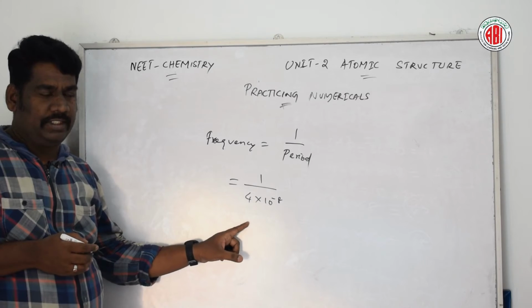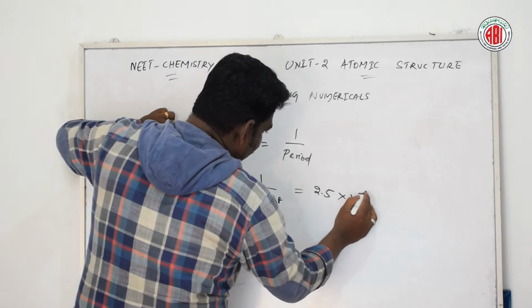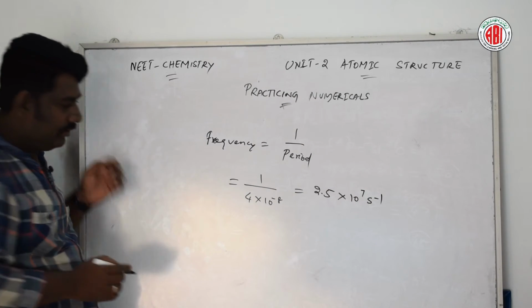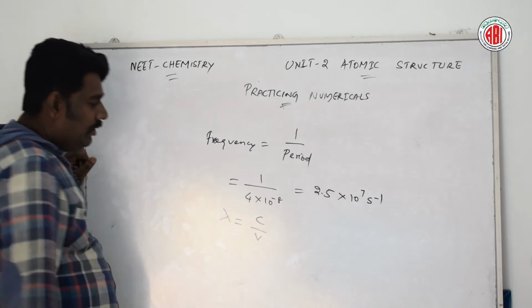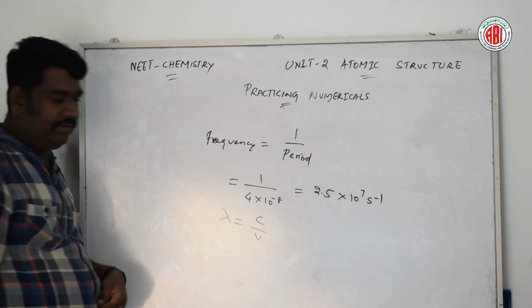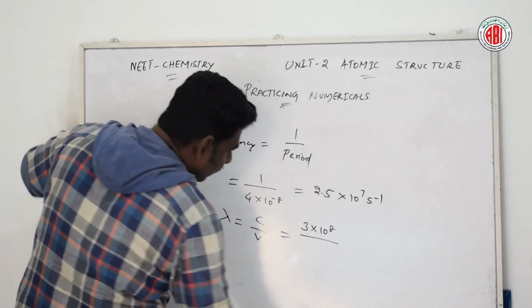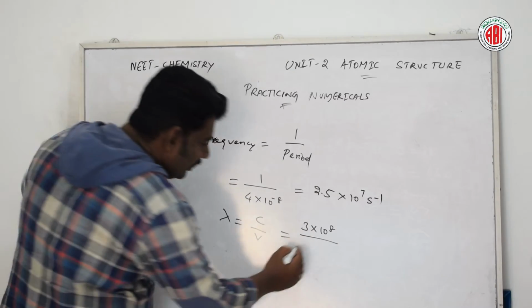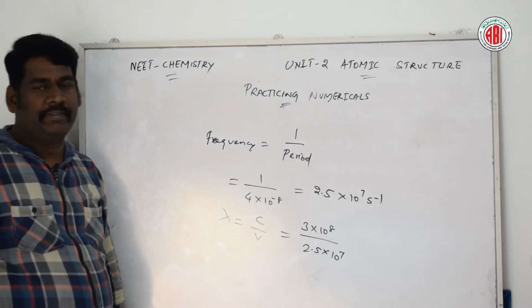Given in the question. Simplifying this we will get 2.5 into 10 to the power of 7 per second. Let us find out the wavelength. Wavelength lambda is equal to c by v, speed of light by frequency. Speed of light we know is 3 into 10 to the power of 8 meter per second, divided by the frequency 2.5 into 10 to the power of 7 per second.